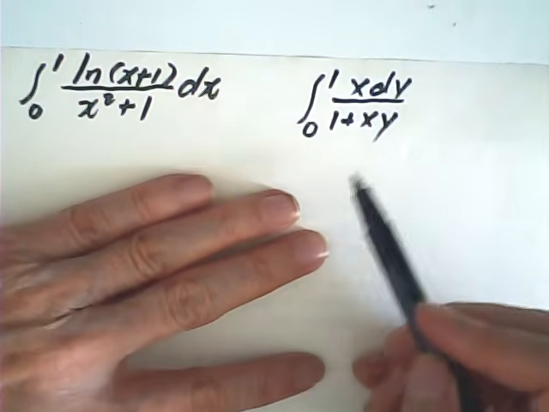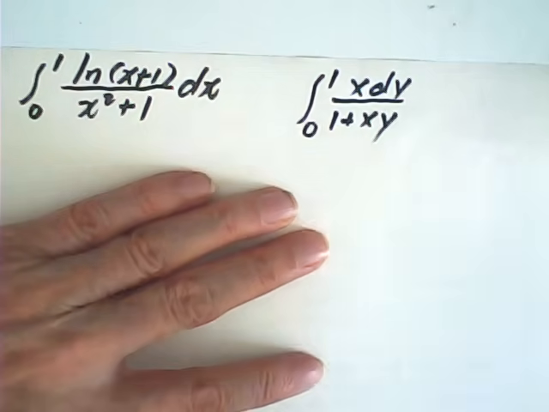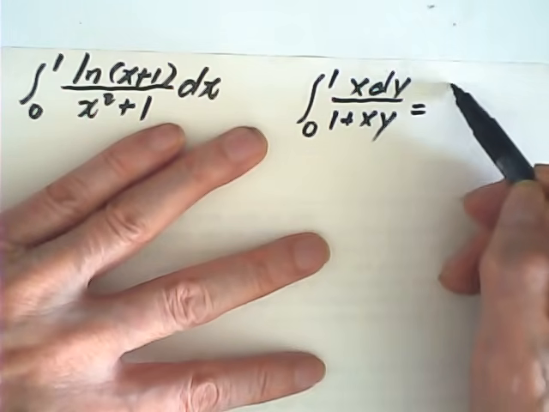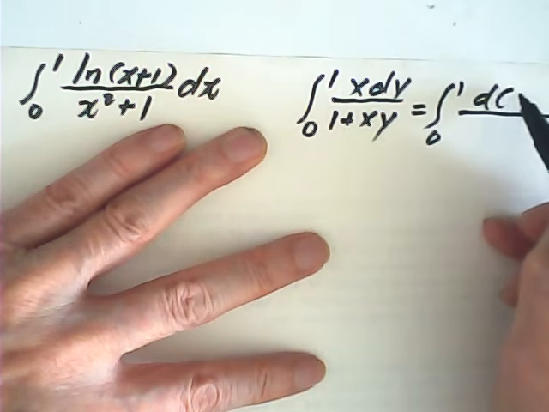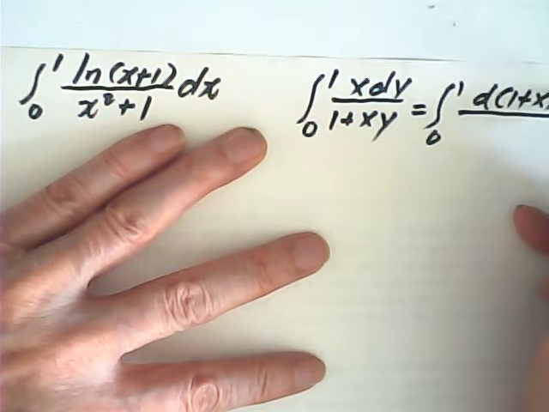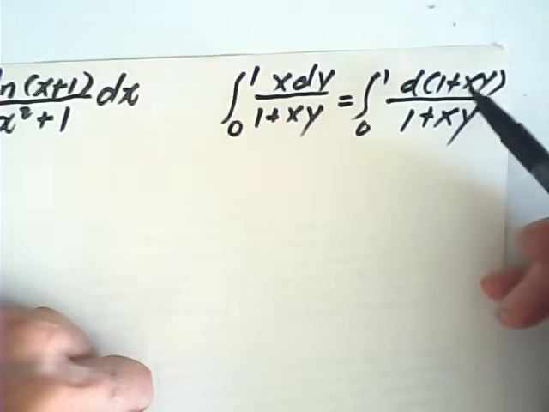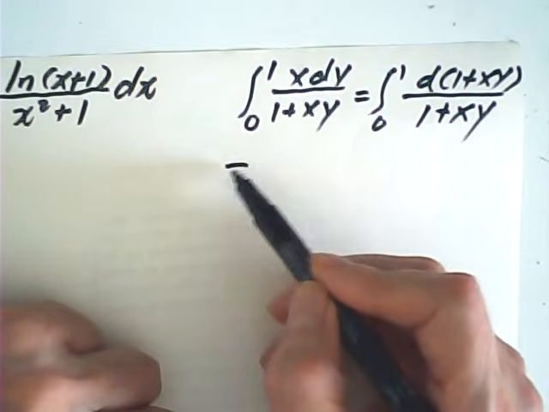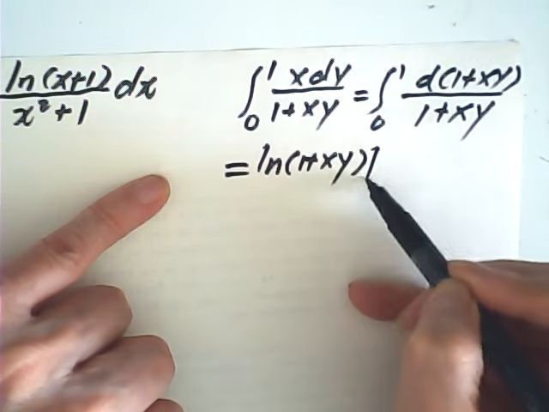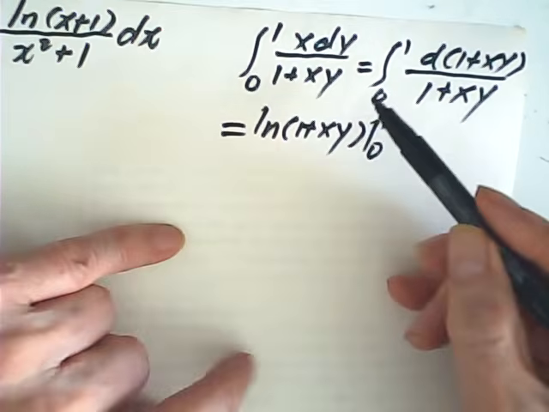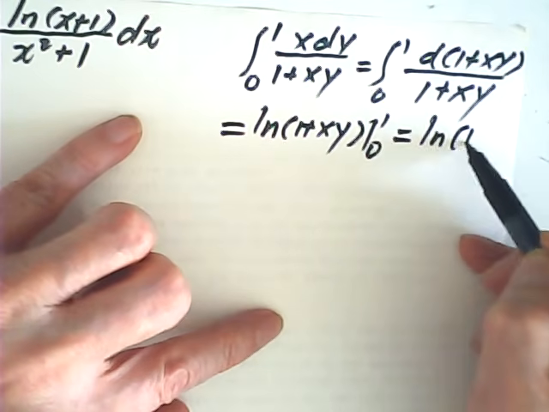For this integral, we're integrating with respect to y, so x is a constant. So this one will be equal to the integral from 0 to 1 of d(1 plus xy) over 1 plus xy. We treat x as a constant. Then this will be equal to log of 1 plus xy from 0 to 1. Since x is constant, this is equal to log 1 plus x.